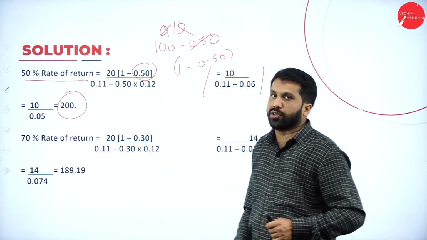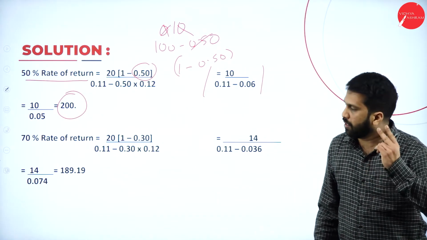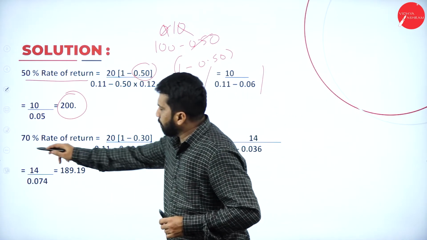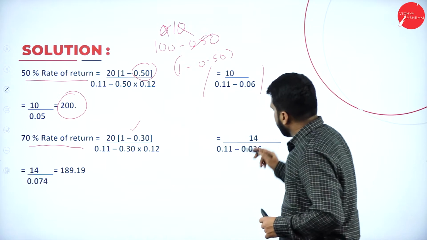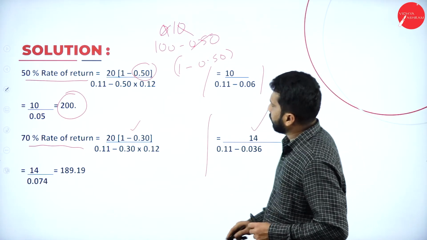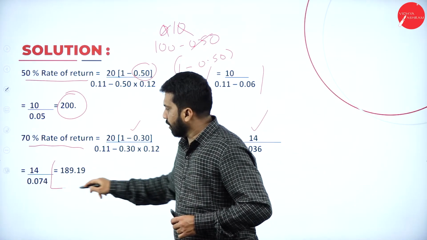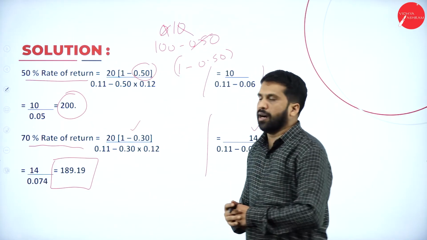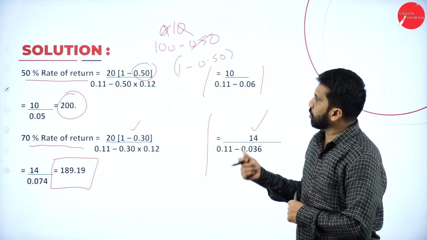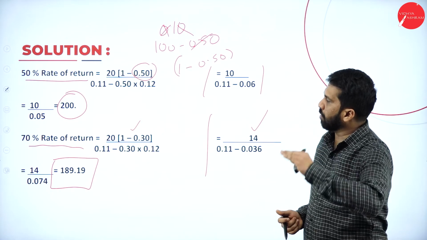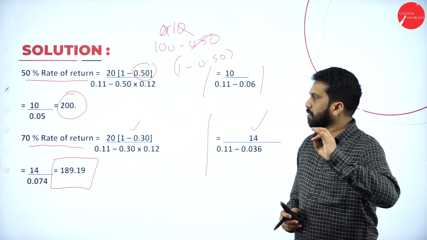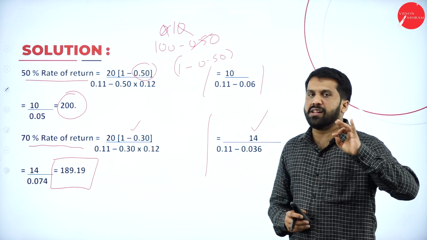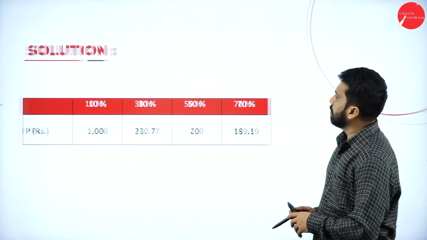Your final answer you got is 200. Similarly, 70% payout. Your first calculation, second calculation, third calculation, and your final answer. Hope you are clear. So we have done for all four: 10%, 30, 50, and 70.